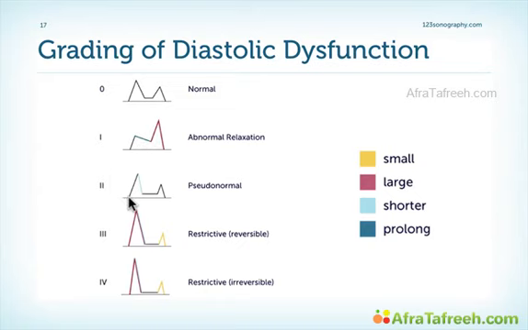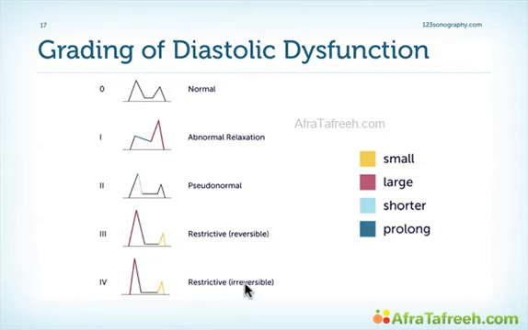Grade 2 would then be pseudonormal, a pattern which is similar to the normal pattern. However, we have shortening of the deceleration time. Then we have the restricted filling pattern, where we now have an E wave which is twice the size of the A wave. And then we have grade 4, which is also a restrictive filling pattern, with the only exception that we cannot reverse this type of pattern back to a pseudonormal pattern.